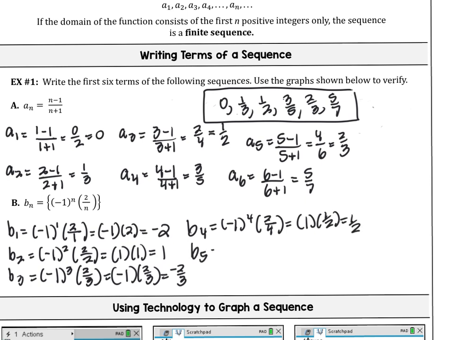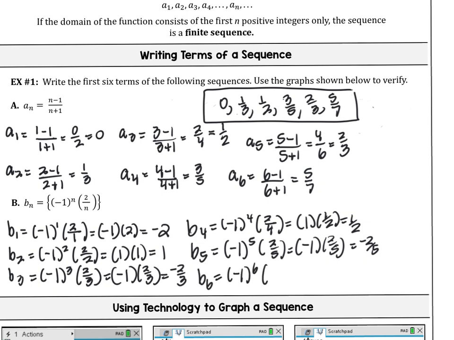b sub 5 is plugging in a 5 for the n, and I get -1 times 2/5, which is -2/5, and b sub 6, the last one we need to find, 2 over 6. This would be a +1 and a 1/3, so that's 1/3.